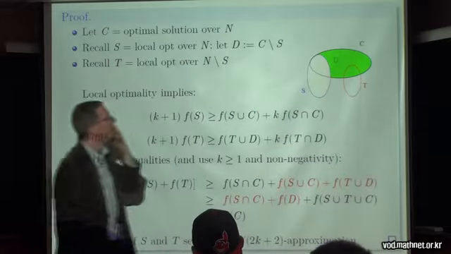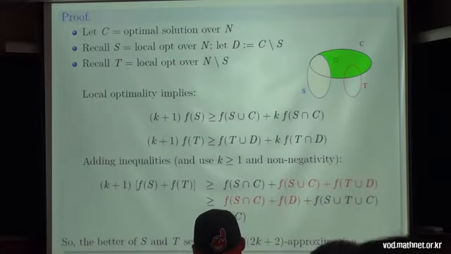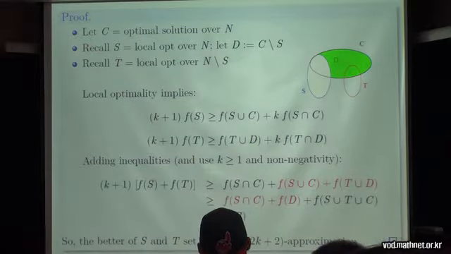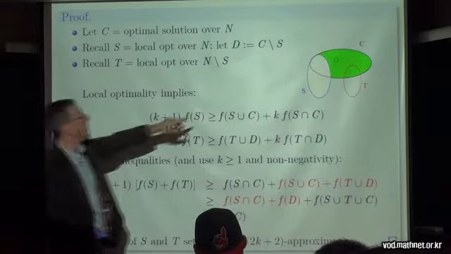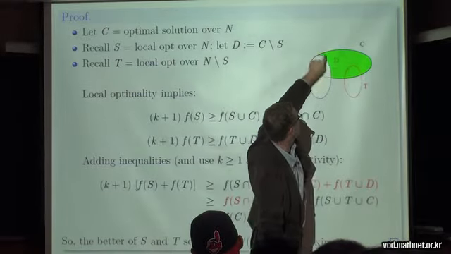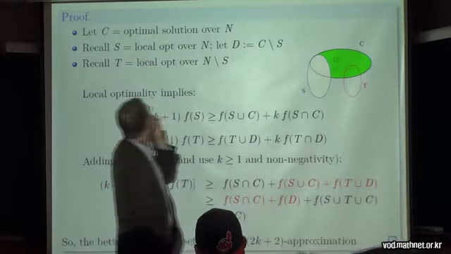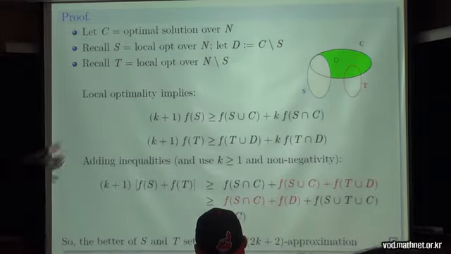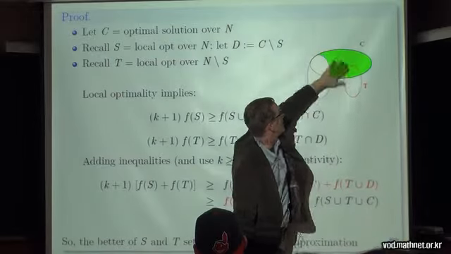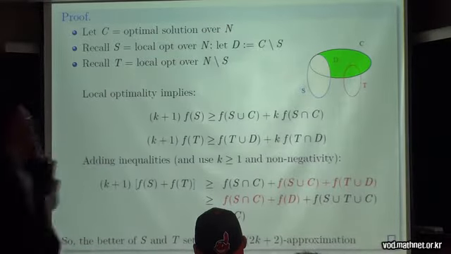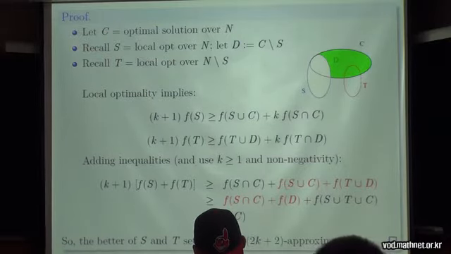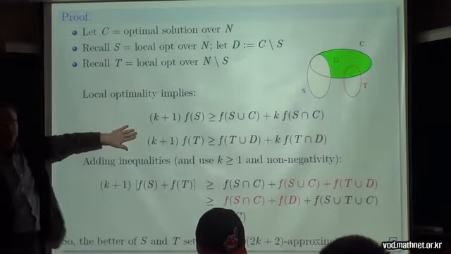It's some other set that might intersect C. I define D to be C minus S. So C is all of this. I take away the part of S that's in C, and D is what remains. Then I run the local search over the complement of S. I get some other set T, which might intersect this picture like that. So S and T are both locally optimal, so I use the lemma twice.